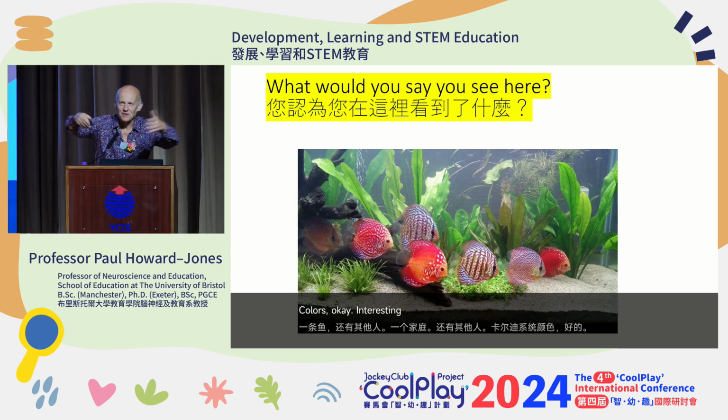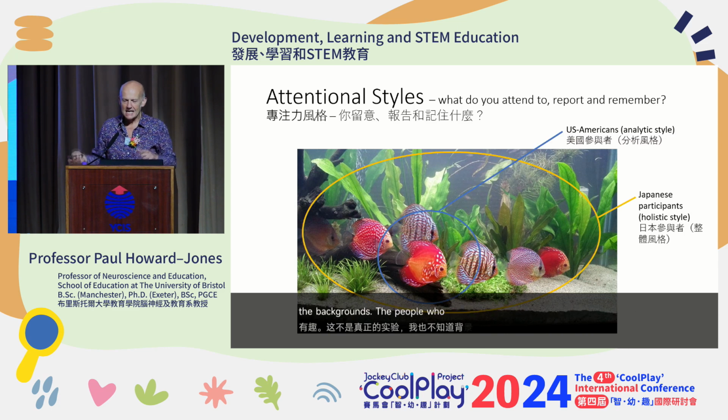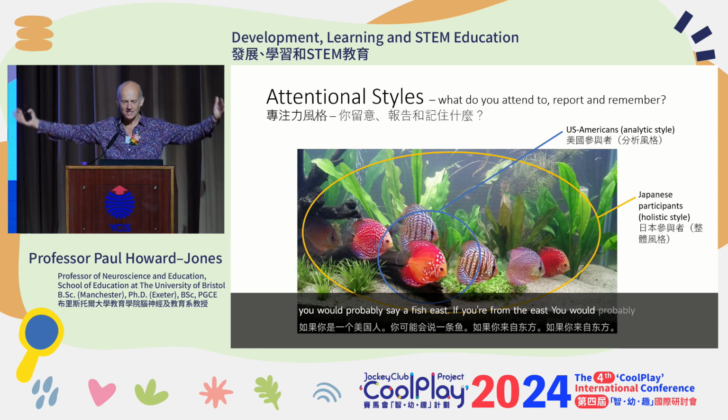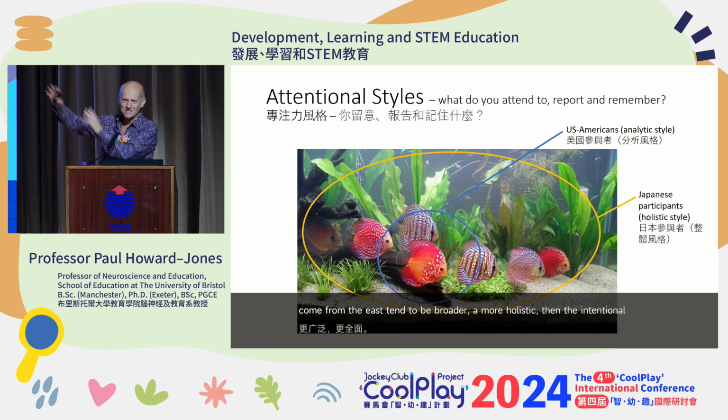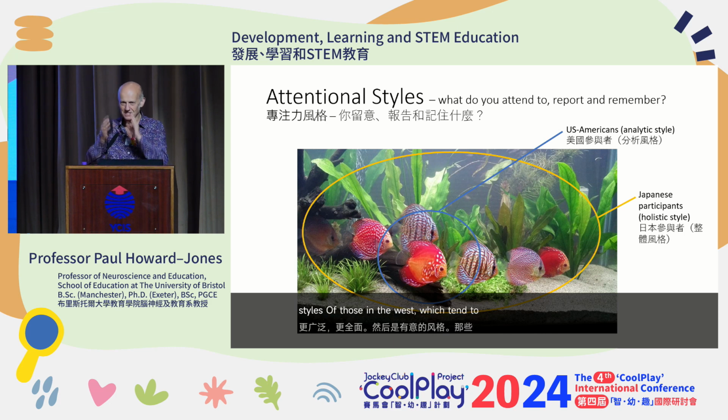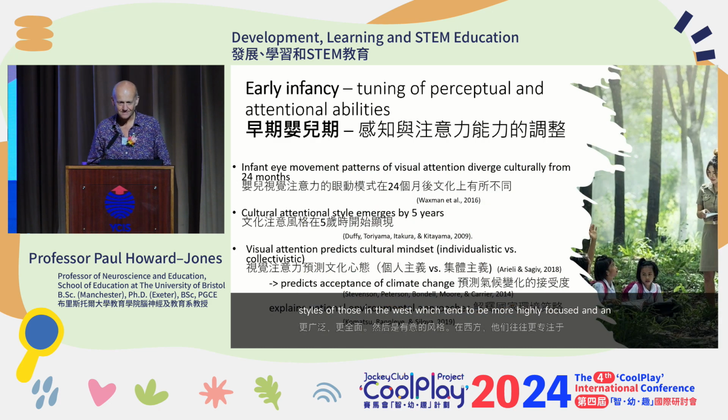Well, this is not really experimental, and I have no idea about the backgrounds of the people who just replied, but if you were an American, you would probably say a fish. If you're from the East, you would probably say something which is broader, because the attentional style of cultures that come from the East tend to be broader and more holistic than the attentional styles of those in the West, which tend to be more highly focused and individualistic.